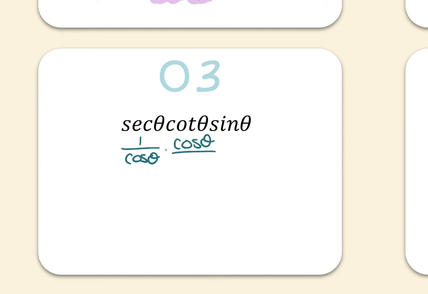Cosine over sine. And then I get another sine. And it's all multiplication, so can I cross cancel? Yup. This cancels with this with this. And my answer is just 1. One of these years I'll remember to start with that example. It's way easier than the other ones.